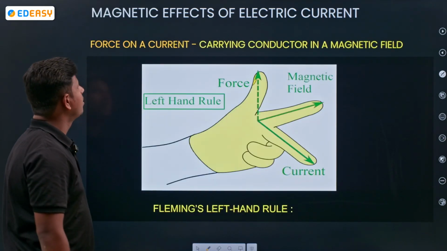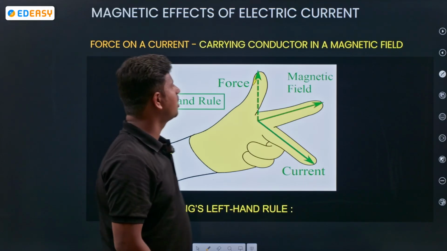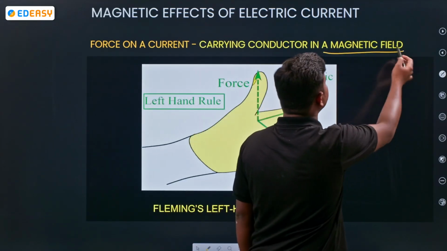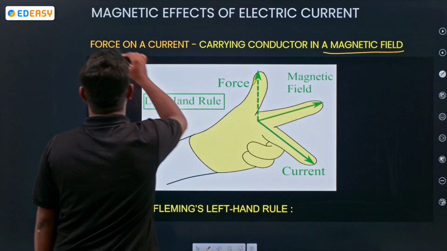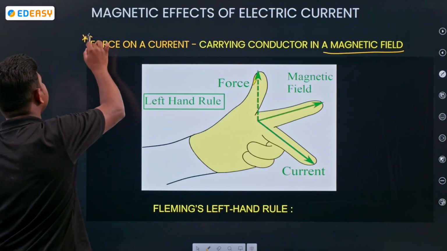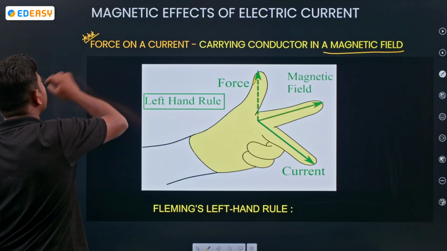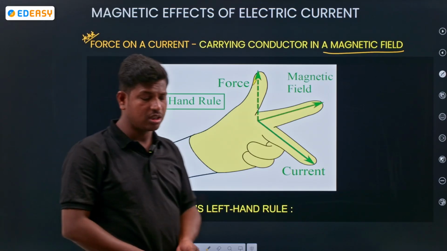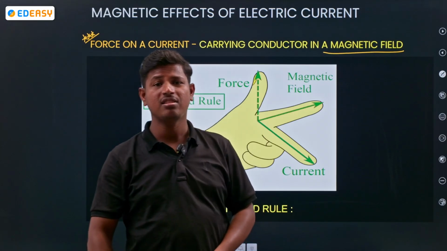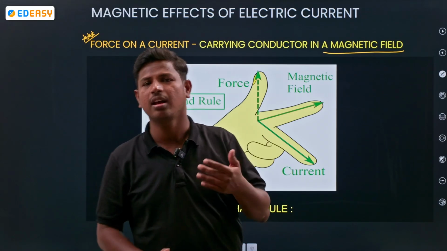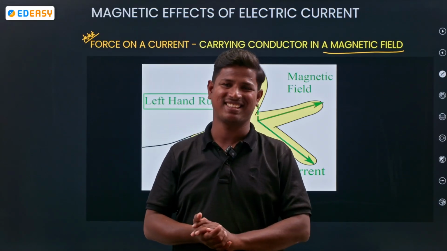Next, force on a current carrying conductor in a magnetic field. It's a very interesting and confusing topic. You understand it in the class, but not after the class.